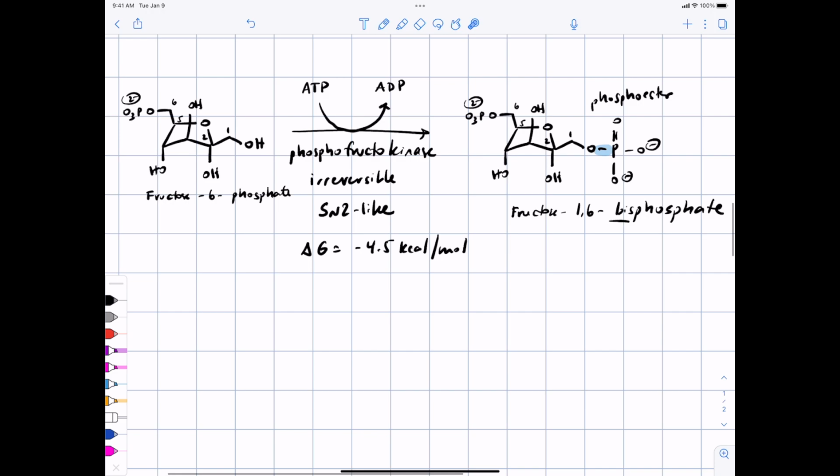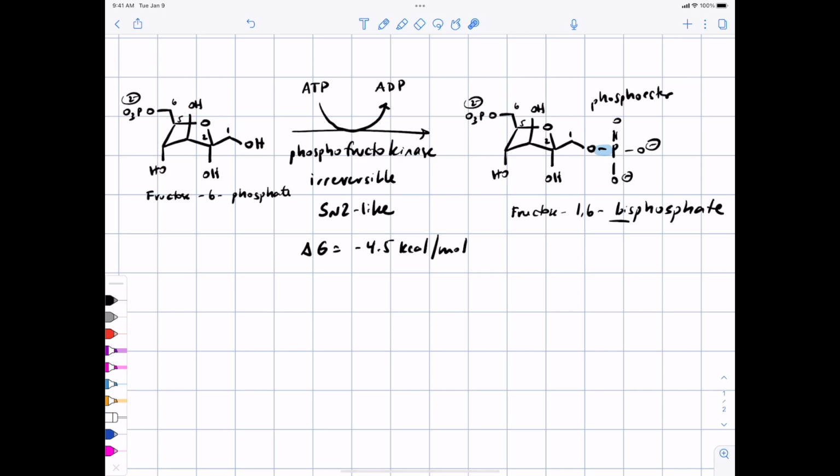There's two reasons why you might suspect carbon 1 would get modified instead of the others. First, this is a primary hydroxyl group and is therefore less sterically hindered. The other thing is that you're going to see in just a minute when we do the retroaldol reaction, we need the phosphate in this location in terms of our strategy to get two similar pieces.